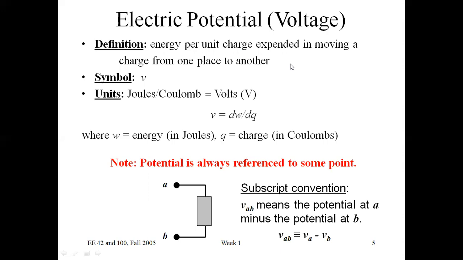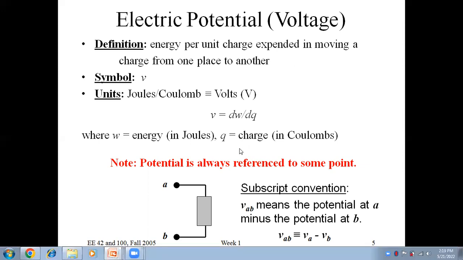The symbol for voltage is V. The unit is joules per coulomb, and we use volts. V is equal to dW by dq, where W is the energy and q is the charge in coulombs.